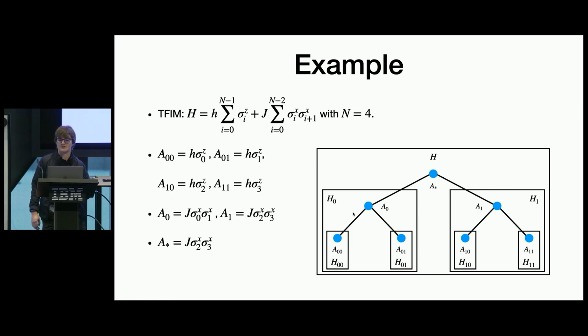At the next level, the A0 terms would now encode the interactions between the leftmost spins, so spins 0 and 1, and then also spins 2 and 3, but we don't yet include the interaction between these two. And then the last layer, the term in A star, would then encode the interactions between these two spins.